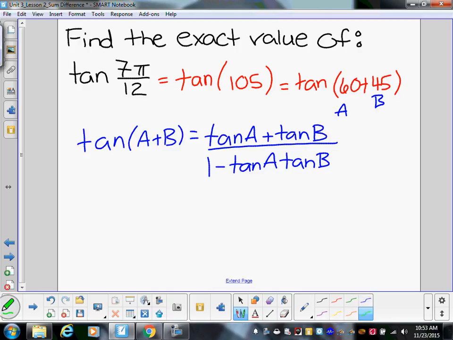The reason why it doesn't matter which one goes first is because it doesn't matter which order you add, and it doesn't matter which order you multiply. You will end up with the same values.